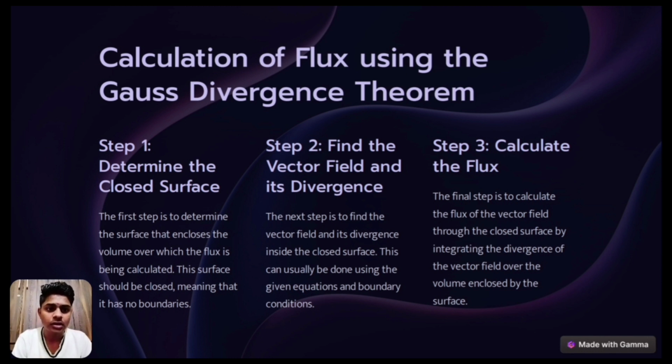The next step is to find the vector field and its divergence inside the closed surface. This can usually be done using the given equations and the boundary conditions. Step 3, calculate the flux. The final step is to calculate the flux. How to calculate it? We should find the flux by integrating the divergence of the vector field over the volume enclosed by the surface.